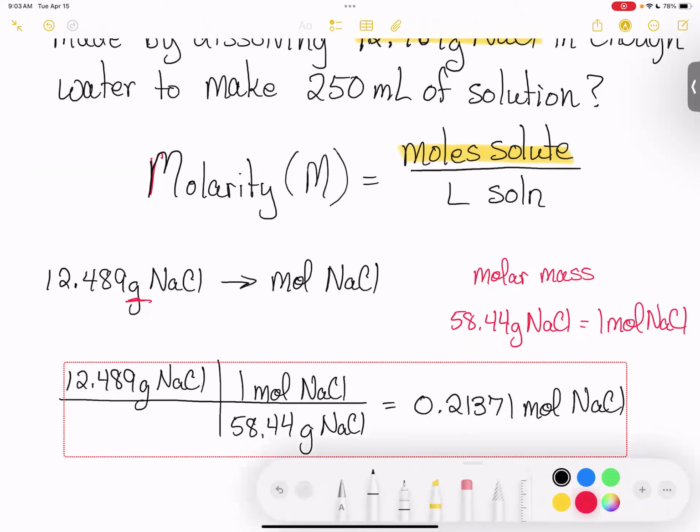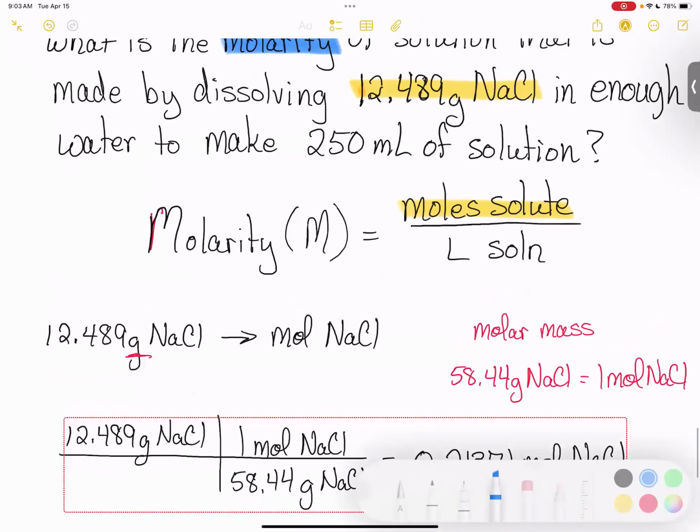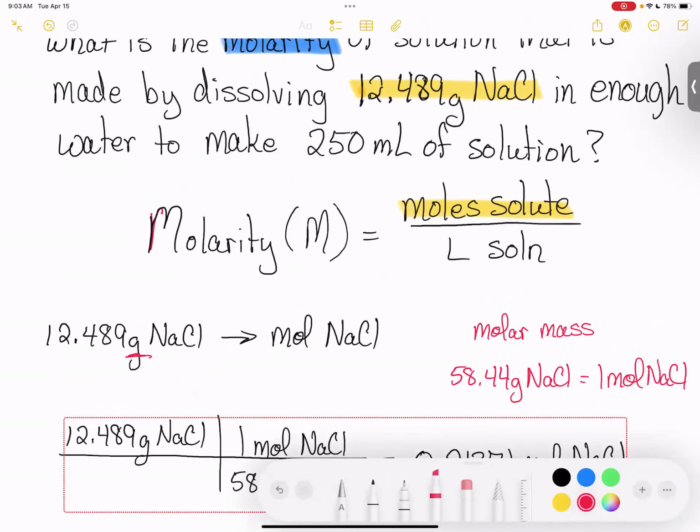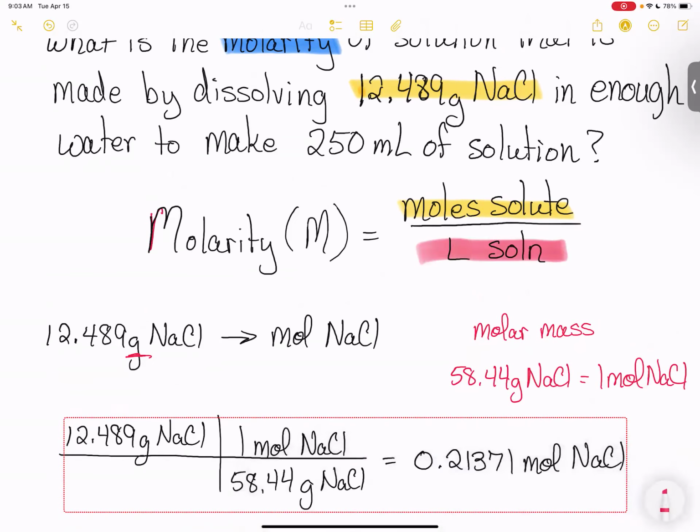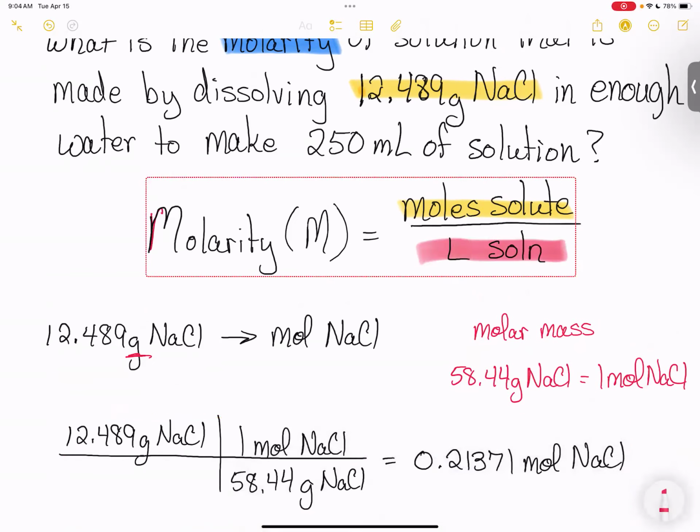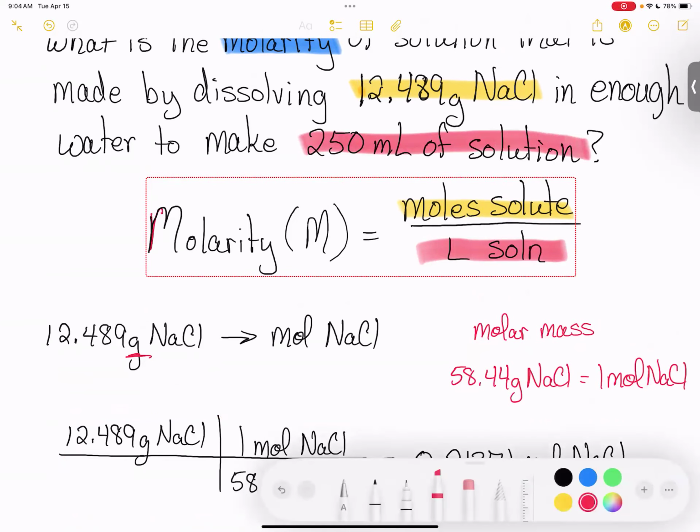The next thing I have to deal with is liters of solution. I was given milliliters of solution.